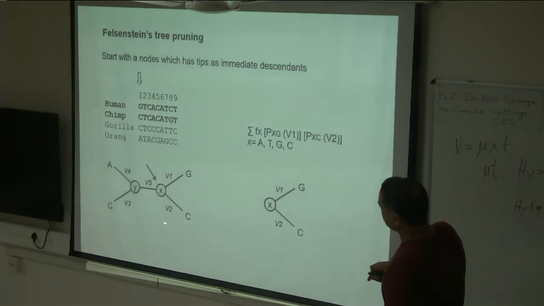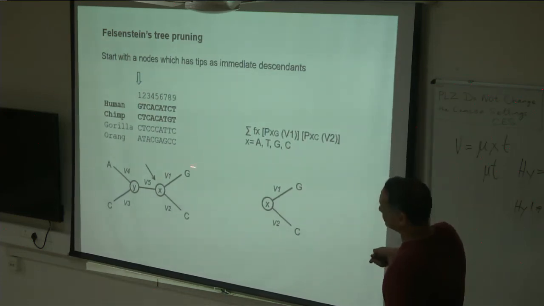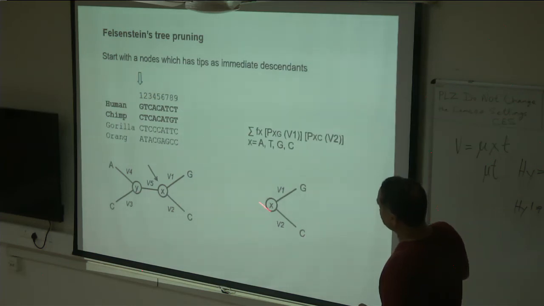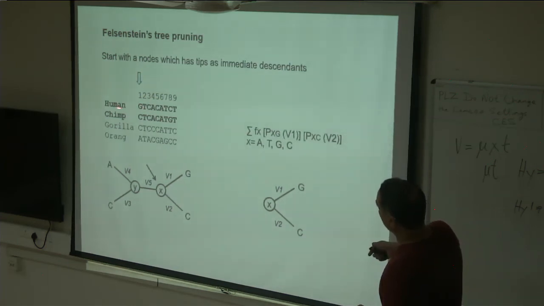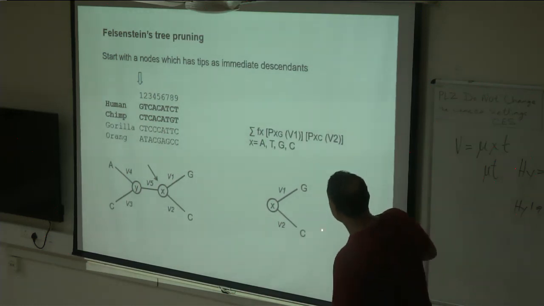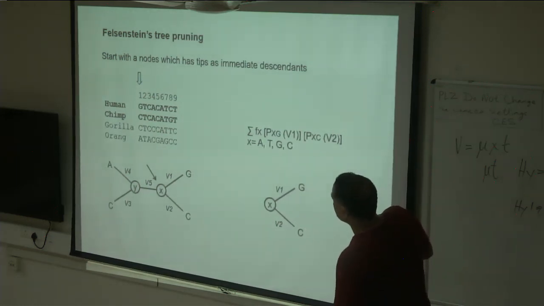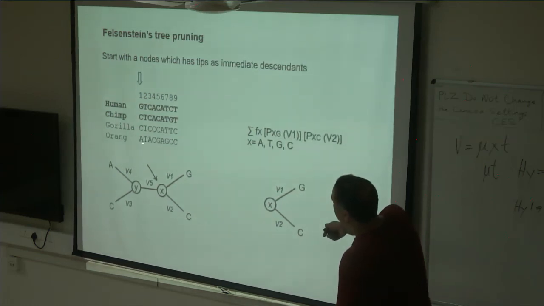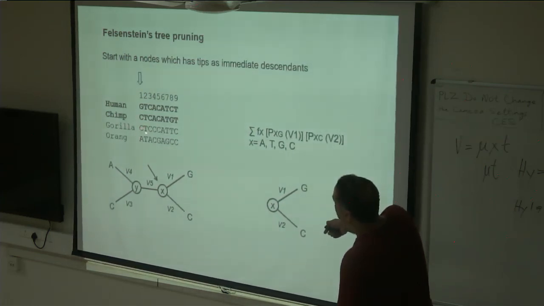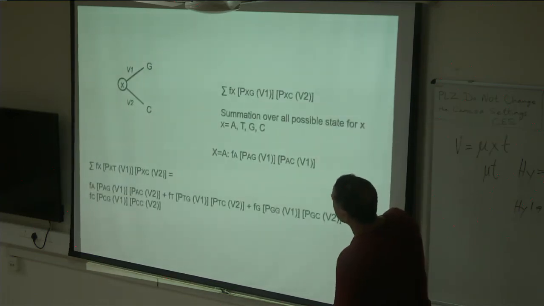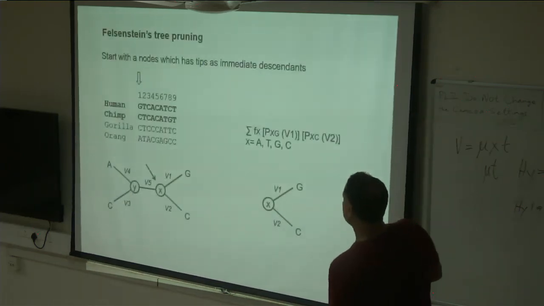Let's just look at this part of the tree: gorilla and chimpanzee. Gorilla has a C, chimpanzee has a C. Wait, what am I doing here? Something is wrong. Hang on.